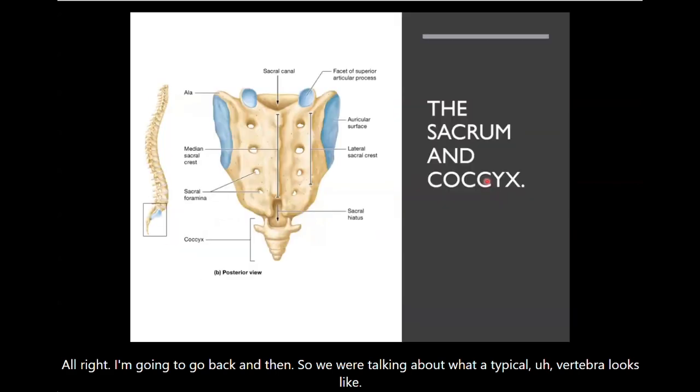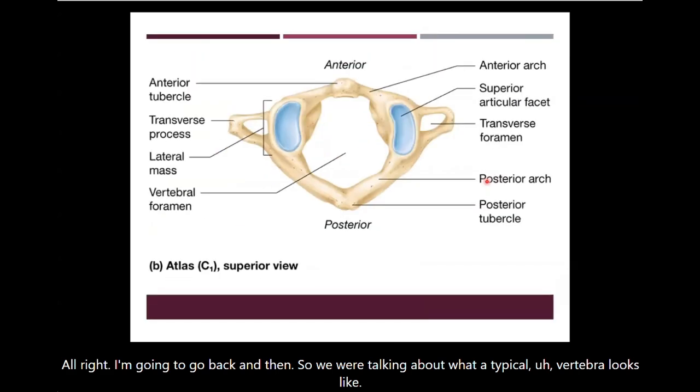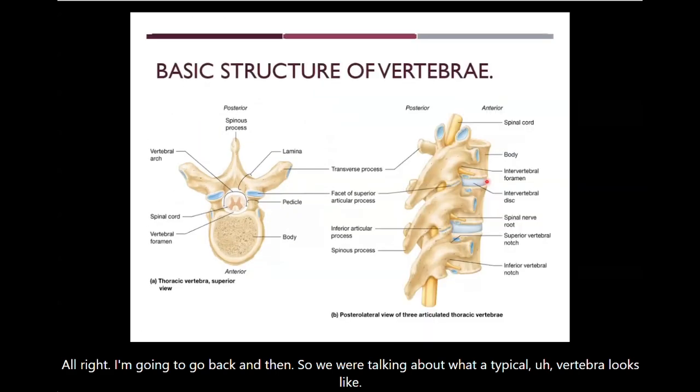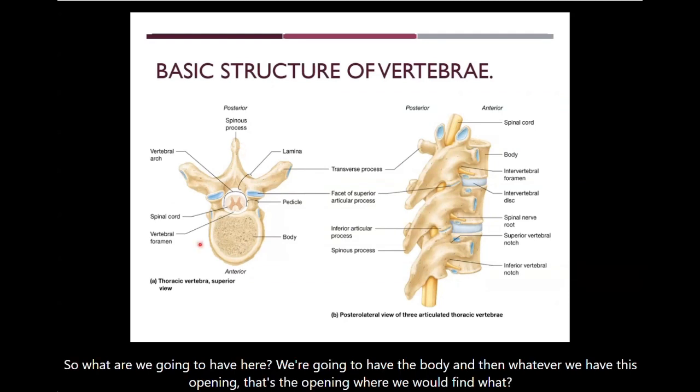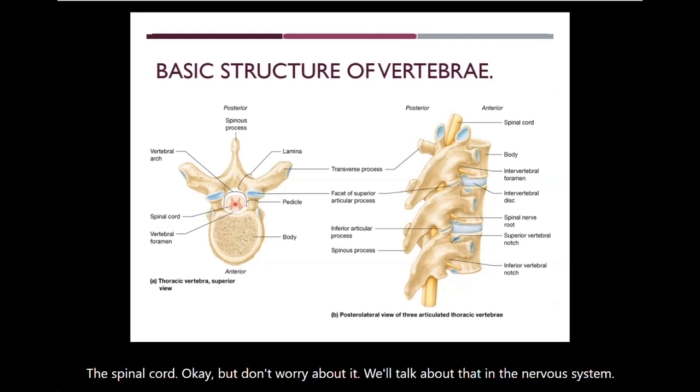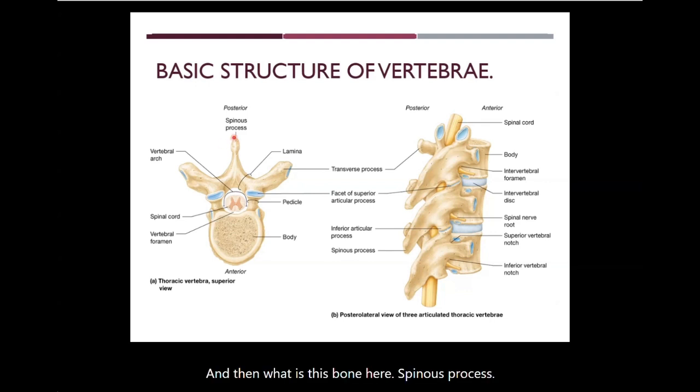All right, I'm going to go back, so we were talking about what a typical vertebra looks like. What are we going to have here? We're going to have the body, and this opening is where we would find what? The spinal cord, okay? But don't worry about it, we'll talk about that in the nervous system. And what is this bone here? Spinous process.